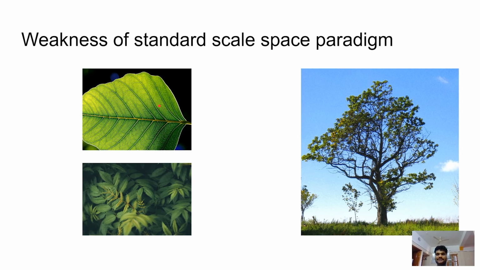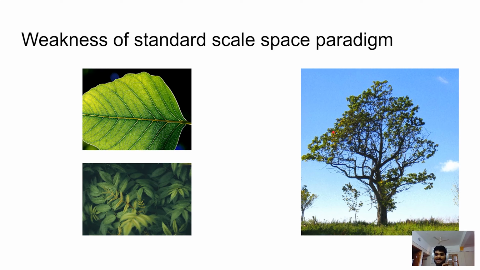Now what is the weakness over here? Now we have a tree with sky in its background. Now when we apply a Gaussian blur to this image, it blurs within the tree, that's good. It blurs within the sky, that's good. But it also blurs the region between the sky and the leaves, the edges.